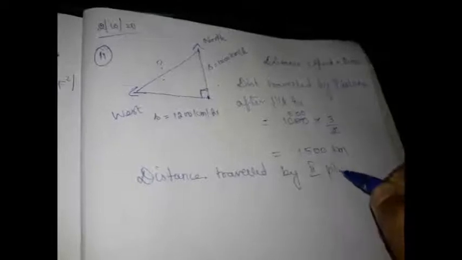1.5 hours, right? And let us find the distance travelled by the second plane. Distance travelled by second plane after 1.5 hours. How much it will be? Again, speed into time. The speed of this plane is 1200 km per hour into 3 by 2.